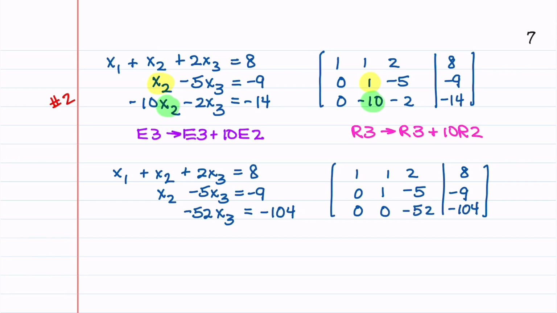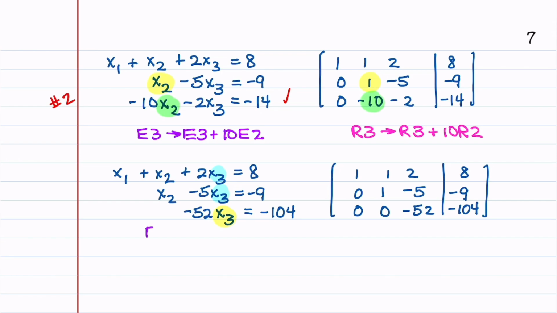I want to point out before we go on that before we started step 2, we also could have multiplied row 3 or equation 3 by a minus 1/2, and that would have made the number smaller. We're going to do one of those simplifications now, because before we use the x3 in equation 3 to eliminate the x3 in equations 2 and 1, we would like to have just a 1 multiplying x3.